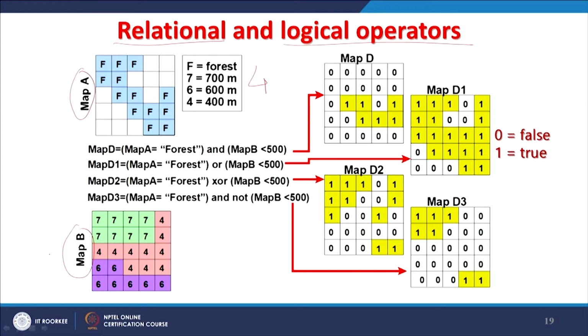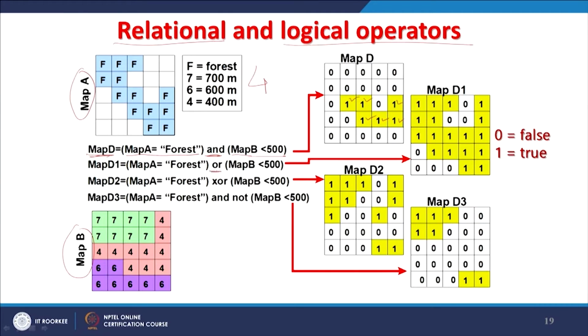So, the first condition is the new output map D, where map A equals forest, the operator is AND, intersection, and map B is less than 500. If these two conditions are satisfied, then it would be true, otherwise it would be false. So, only wherever you are seeing 1 are the conditions satisfied, otherwise not.